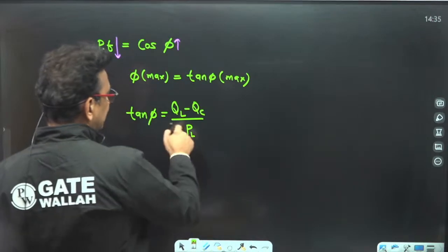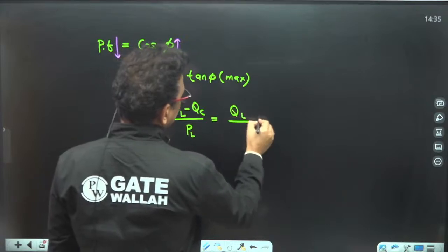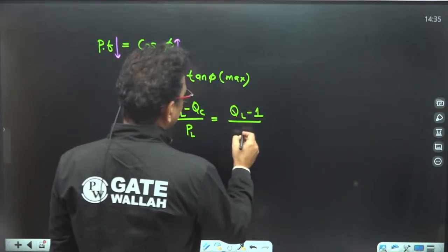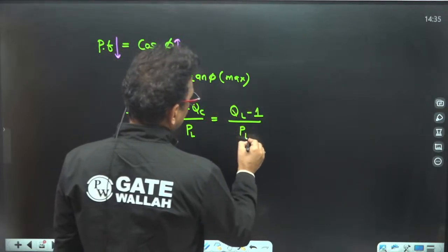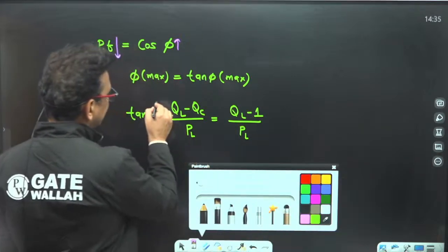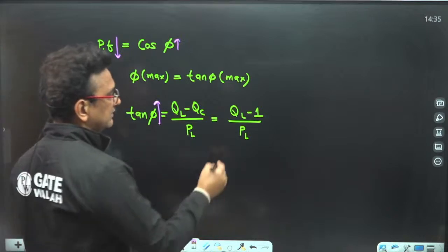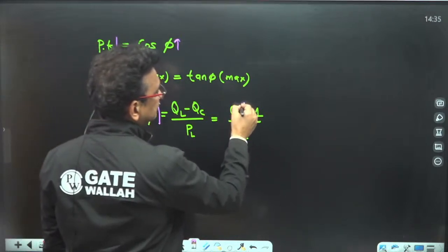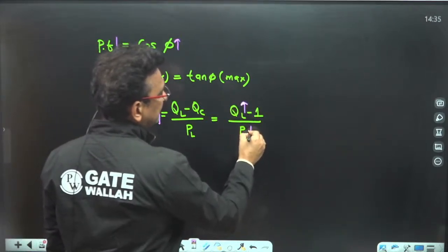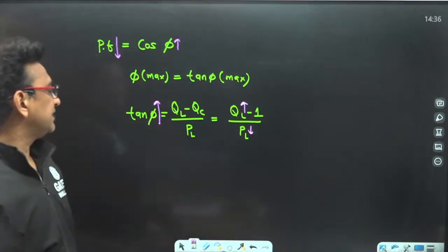Now PL and QL are variables, but QC is fixed. QC is my 1 kVAr generated by the capacitor. Now we need the maximum value of tan phi. To get the maximum value of tan phi, QL should be maximum and PL should be minimum. Then only we will get the maximum value of tan phi.